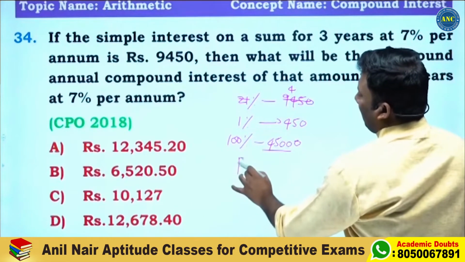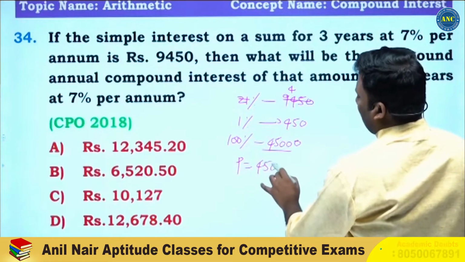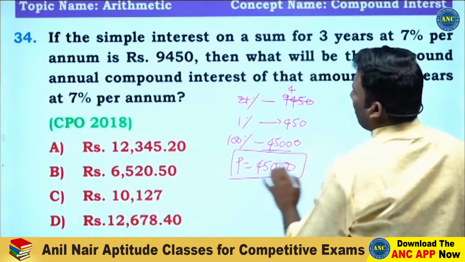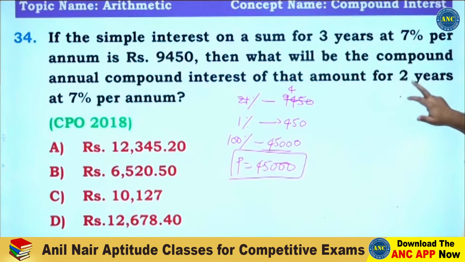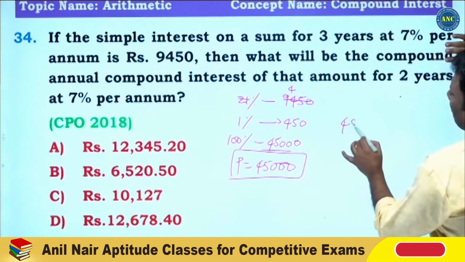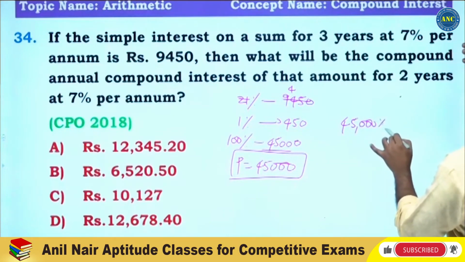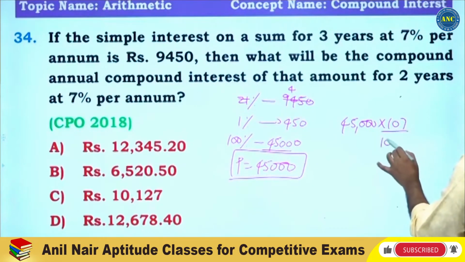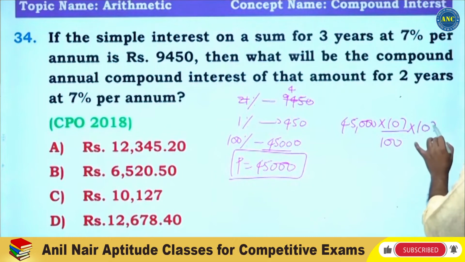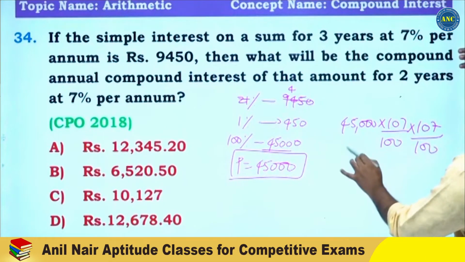Principal is 45,000. Okay. What will be the compound interest at 7% per annum for 2 years? 45,000 into 7% 2 times, 107 by 100 into 107 by 100.